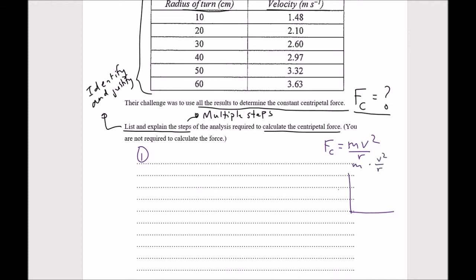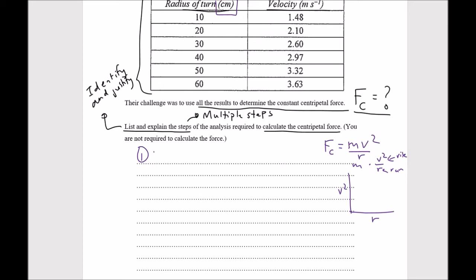So I'm going to have v squared here and r below here. Why? Because this is our rise, so that's on our y-axis, and this is the run, so all on the x-axis there. So number 1, and also make sure it's in the correct units.